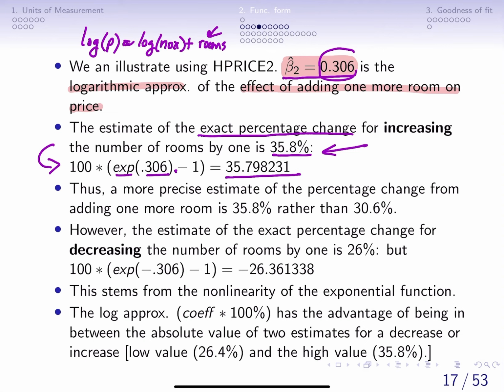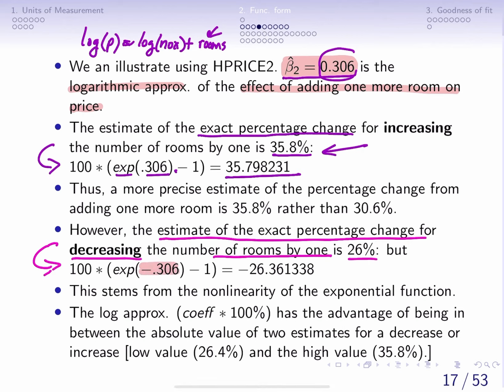And notice this is not going to be symmetric. If we wanted to understand the exact percentage change for decreasing the number of rooms by 1, that is going to be negative 26%. Again, you can plug this into the formula, but this time, instead of taking the exponent of 0.306, you're looking at the exponent of negative 0.306, and that comes out to be negative 26.3%.